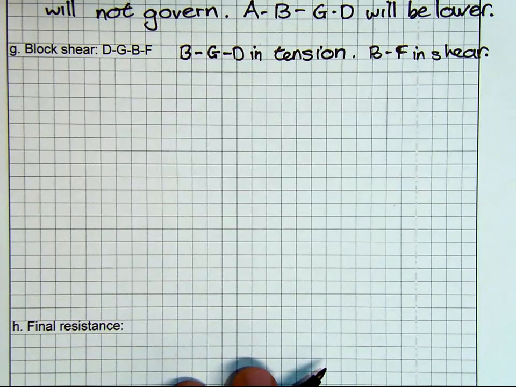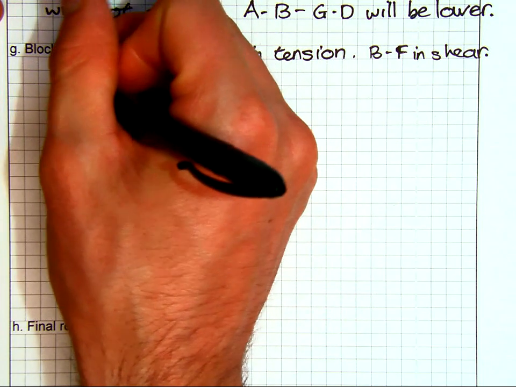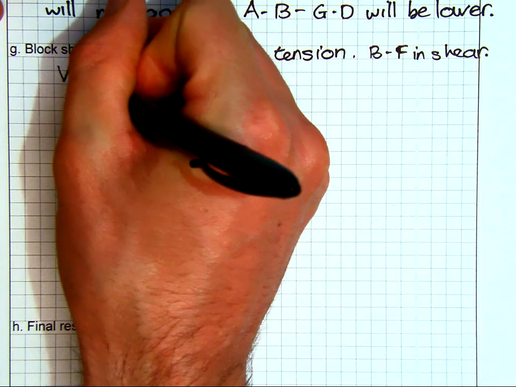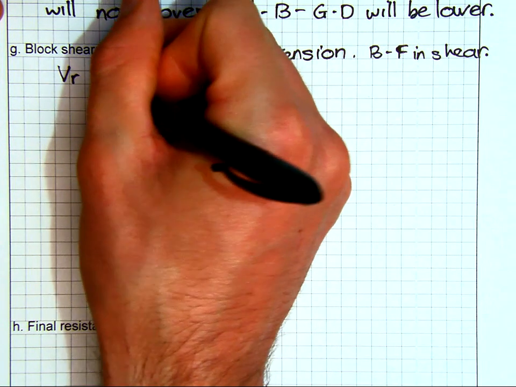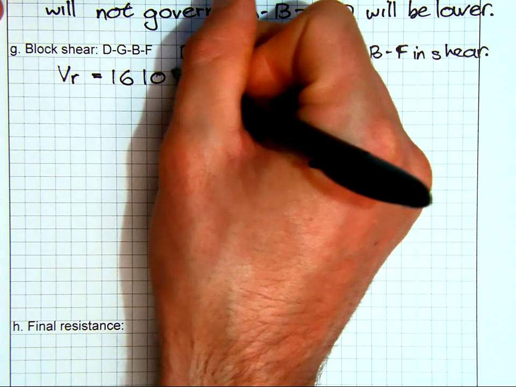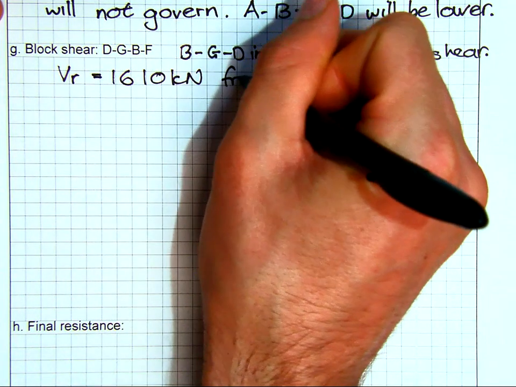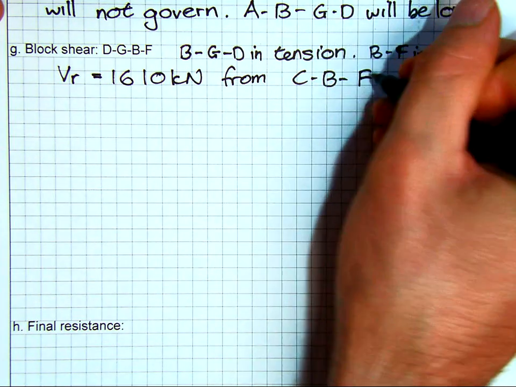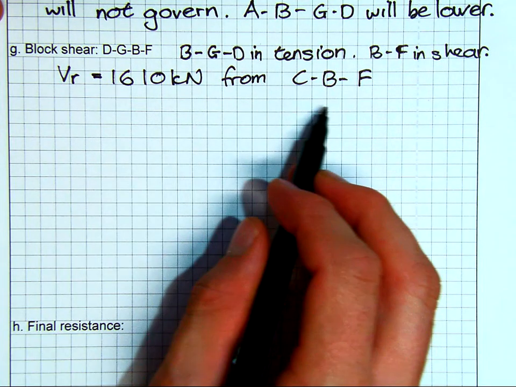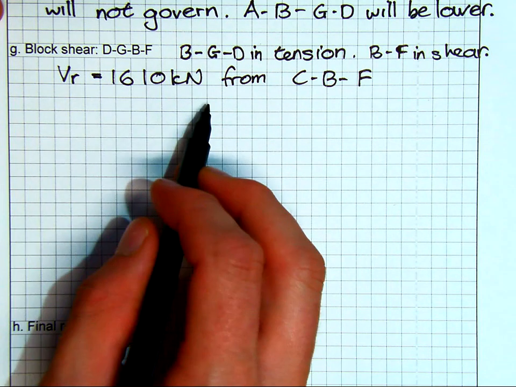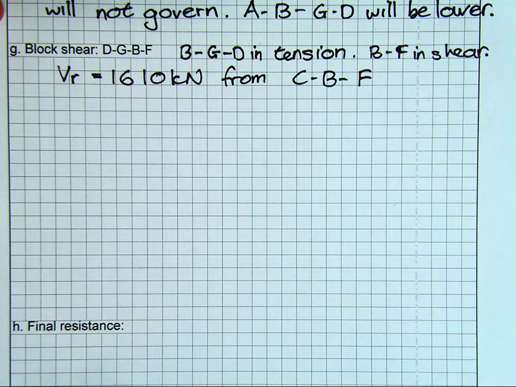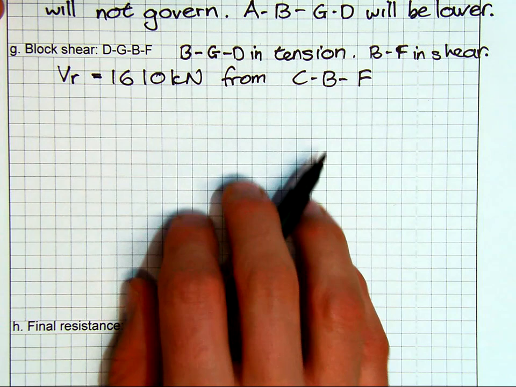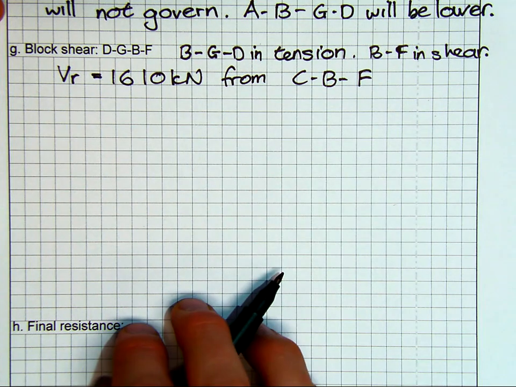Now, as I mentioned, we've already calculated the shear resistance from above. We already know that this is 1,610 kilonewtons, so we have those values. Now we just need to work out the tension capacity.